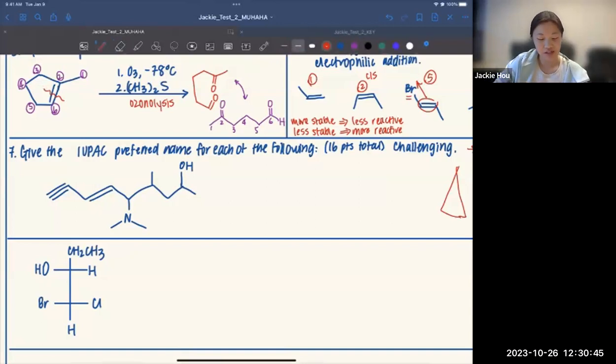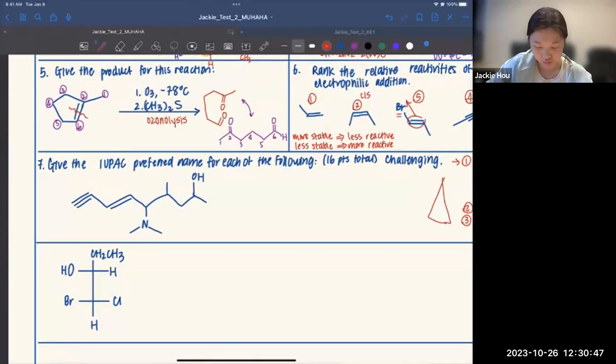Right? So the first step that I always do when I approach naming is I want to find what my parent chain is and how many carbons, and then my functional group. So looking at this, I want my longest parent chain to include my alkenes and my alkynes. So this has to be included. I also want to include my highest functional group.